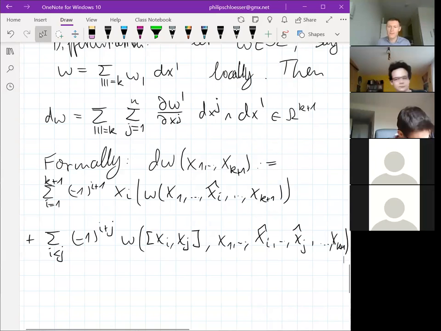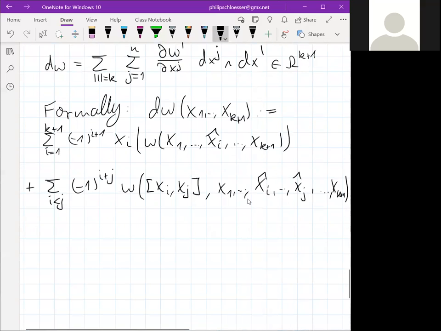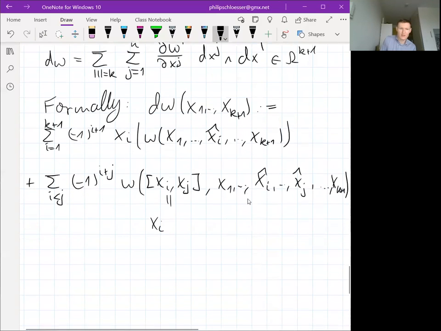Where did the Lie bracket come from? Sorry, what? Why are you calling it a Lie bracket here? Well, because it's the Lie bracket of vector fields. Okay. A vector field is like a derivation on the algebra C infinity, basically.